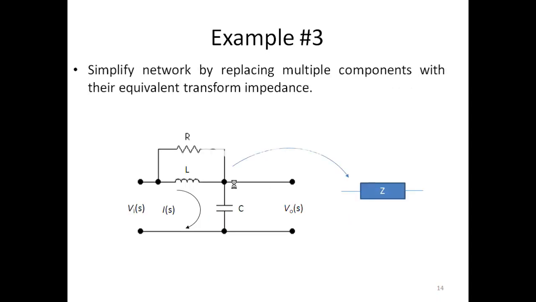So for simplicity, we simplify the network by replacing multiple components, in this case R and L, with their equivalent transform impedance. So instead of R and L, we can put here capital Z, which is the equivalent transform impedance of R and L.